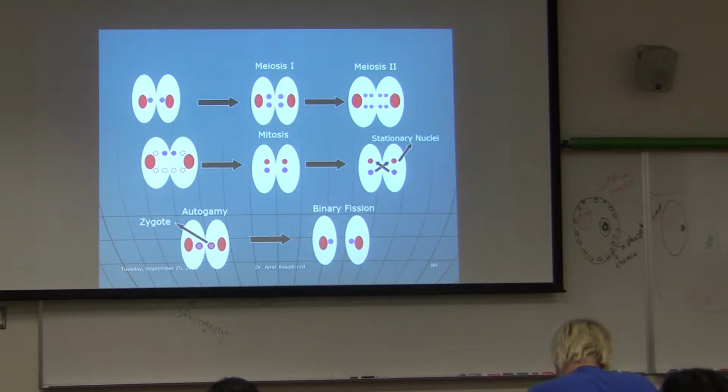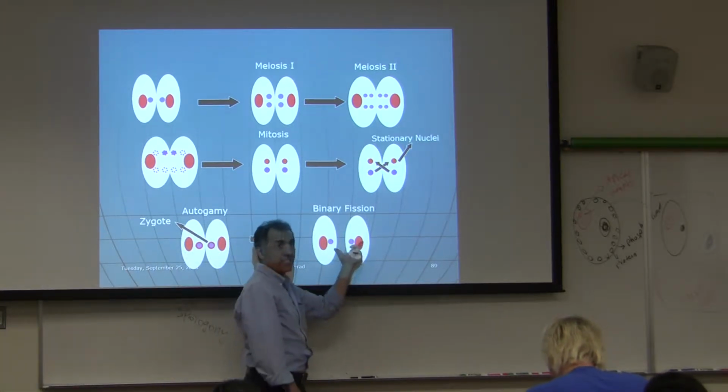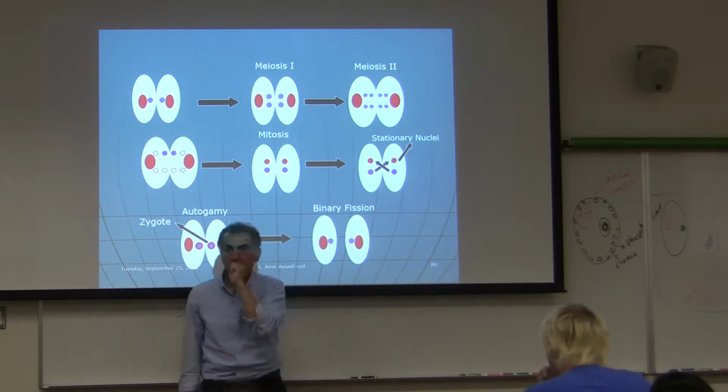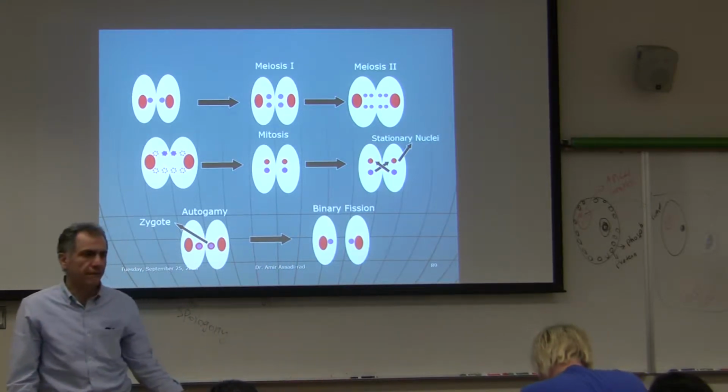This is a type of sexual reproduction. Does it have genetic differences? Yes, to increase genetic variability. So this paramecium is genetically different than this one. And why is that beneficial?